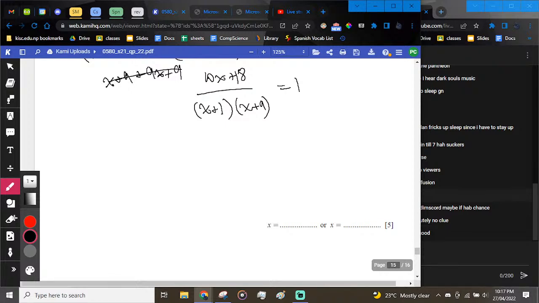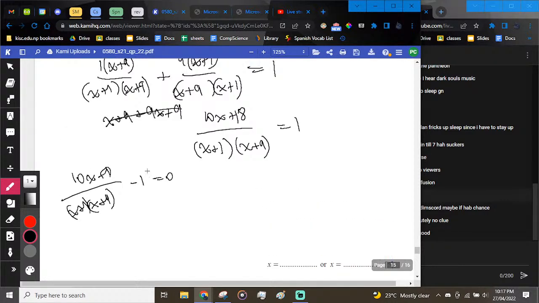We can move 1 across. 10x plus 18 over x plus 9, minus 1. This is no fun, because 1 is just there. We don't want that there. We will now have to factorize stuff.